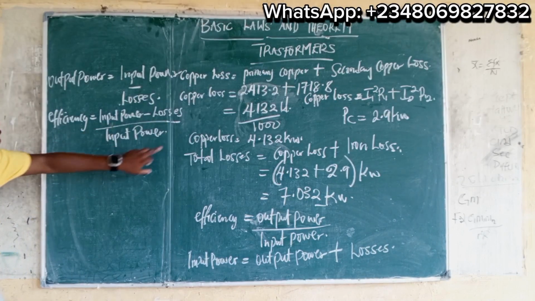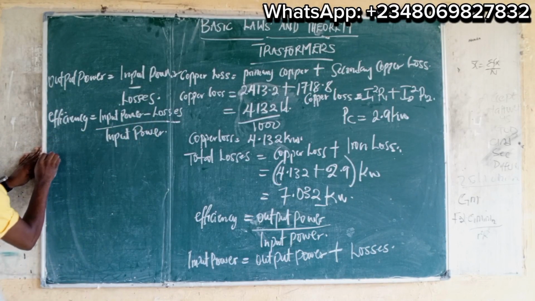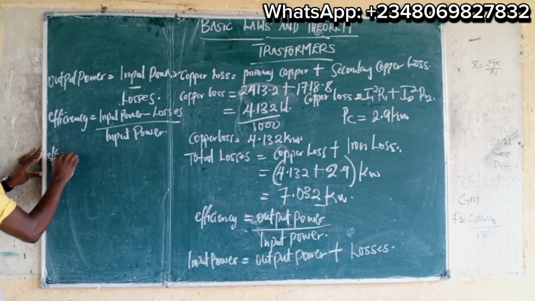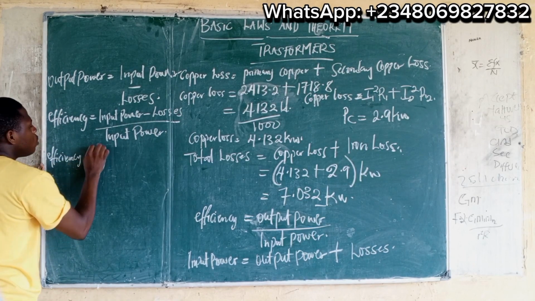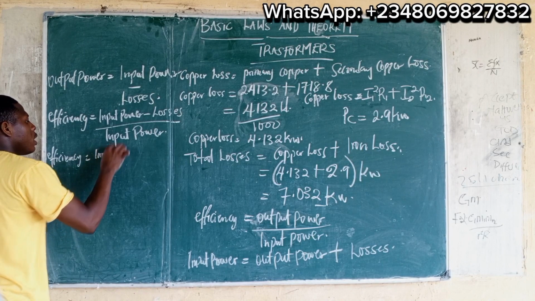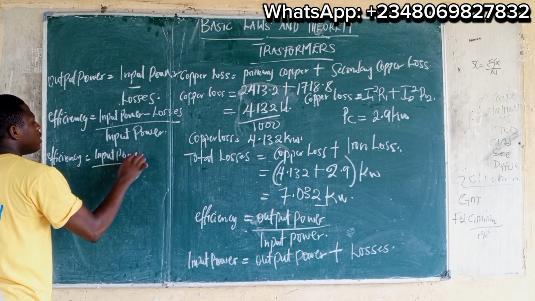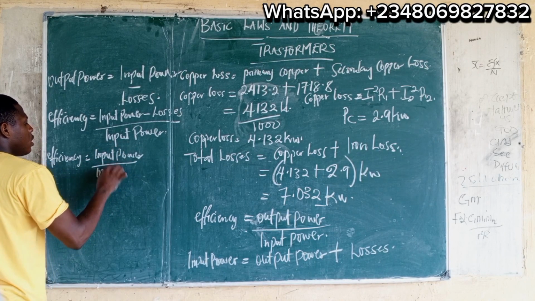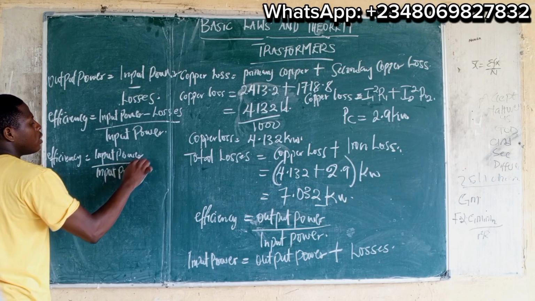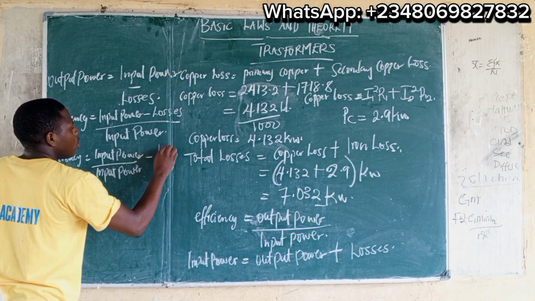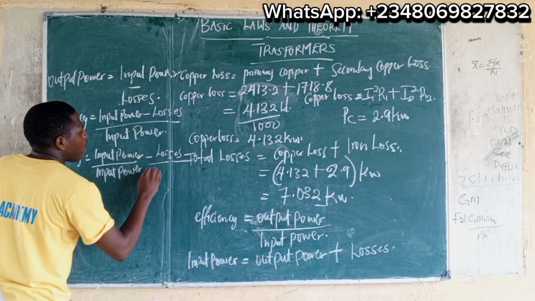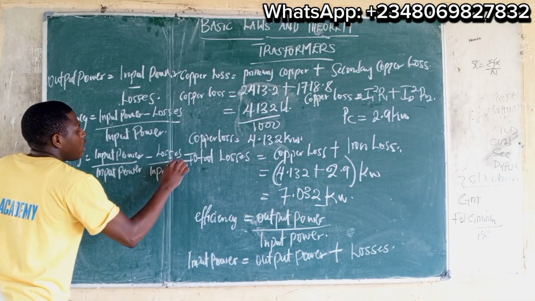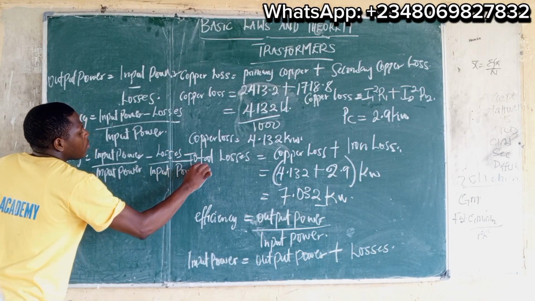We can still simplify what we have here. Efficiency is equal to input power minus losses, divided by input power.